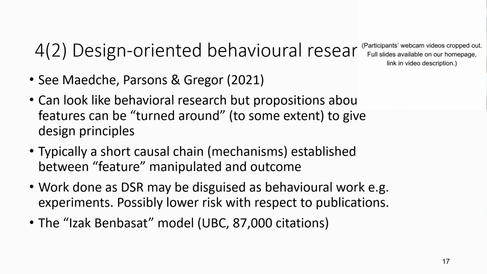So, for example, the work I did a long time ago on explanation facilities, we found that if you put an explanation facility into a knowledge-based system, the system was likely to be more trustworthy. So, the design principle is include explanation facilities in order to make your knowledge system more trustworthy.